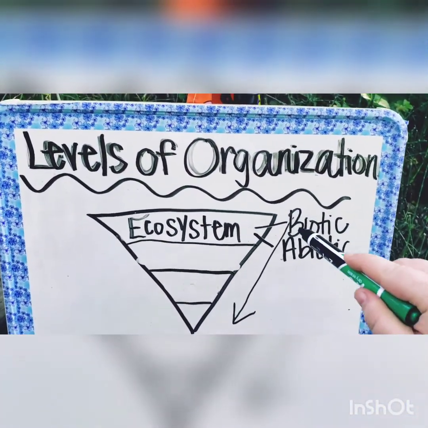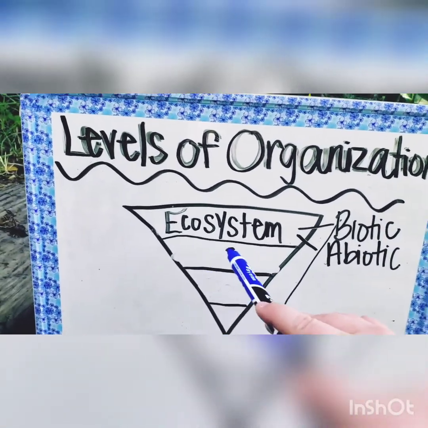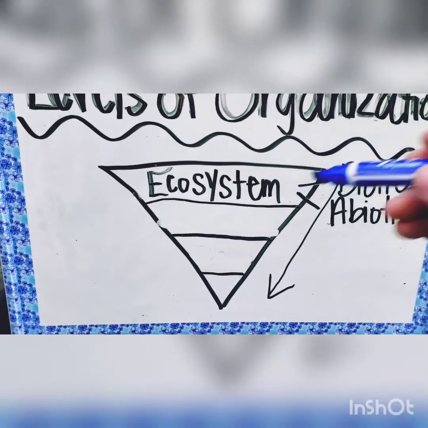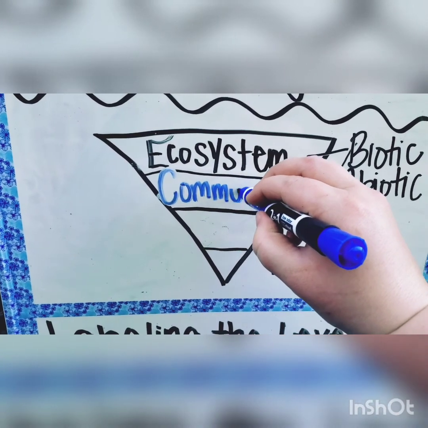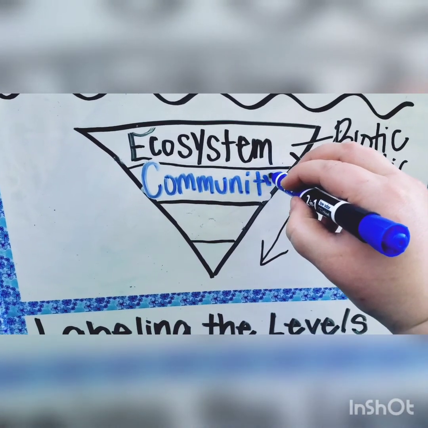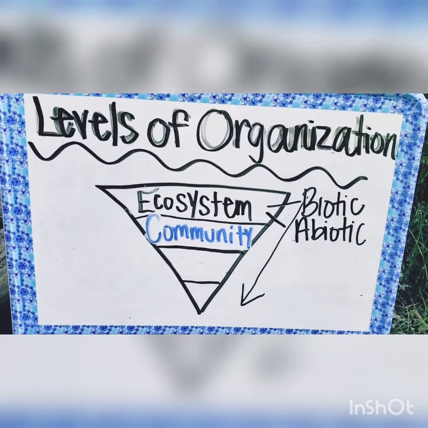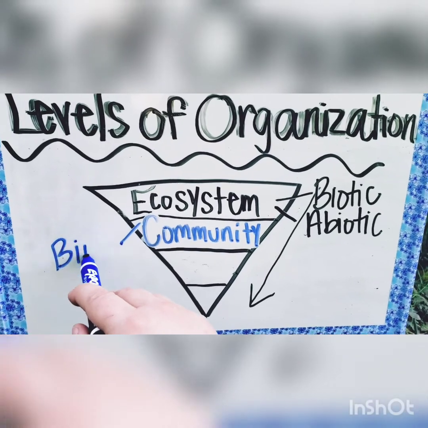All right, so as we go down, we're going to get more specific. Our next level is going to be called a community. A community is going to encompass only biotic factors. So only biotic.